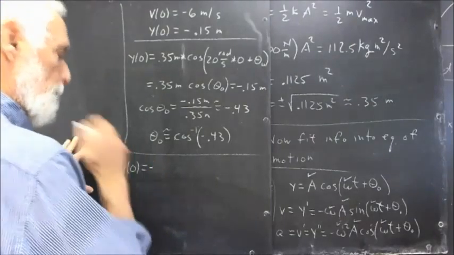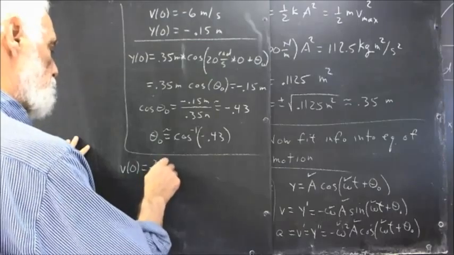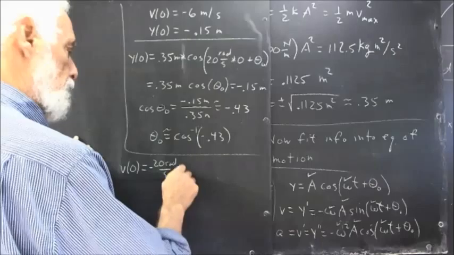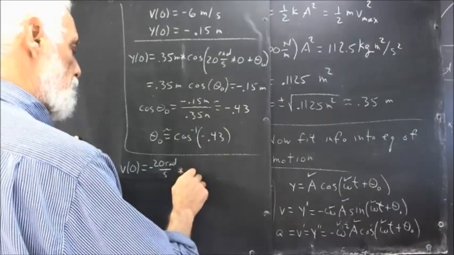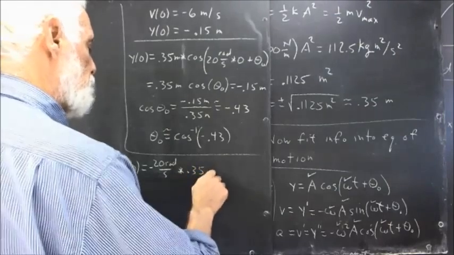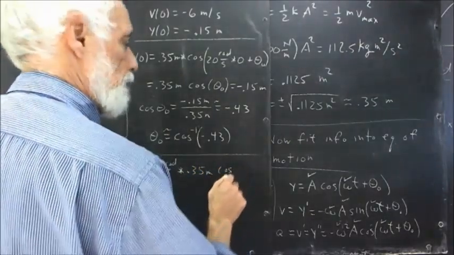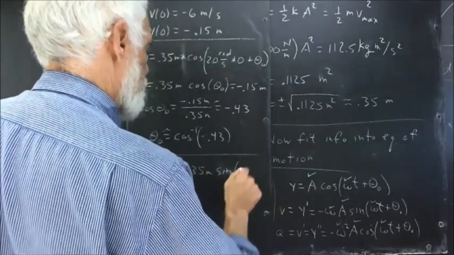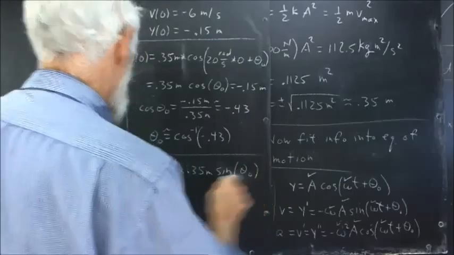Now, omega is 20 radians per second times our amplitude, which is 0.35 meters, times the sine of theta naught.